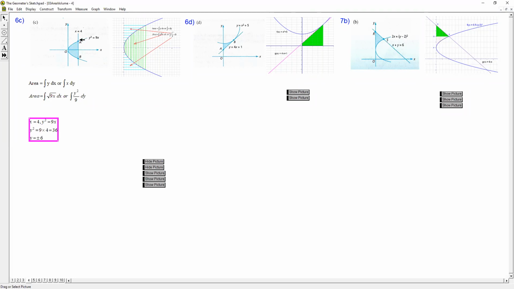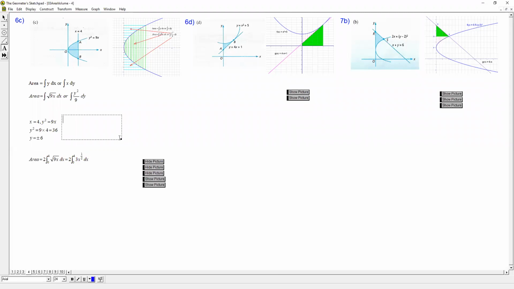So I solve the equation to find out point A and point B. I found out point A is, I better type here, point A is 4, 6.